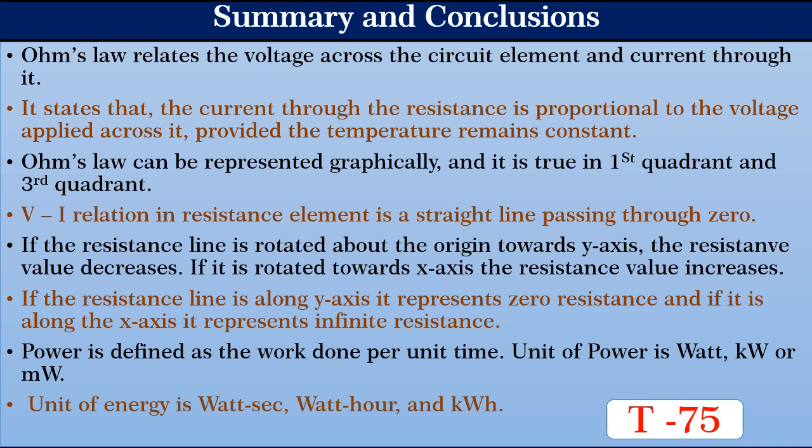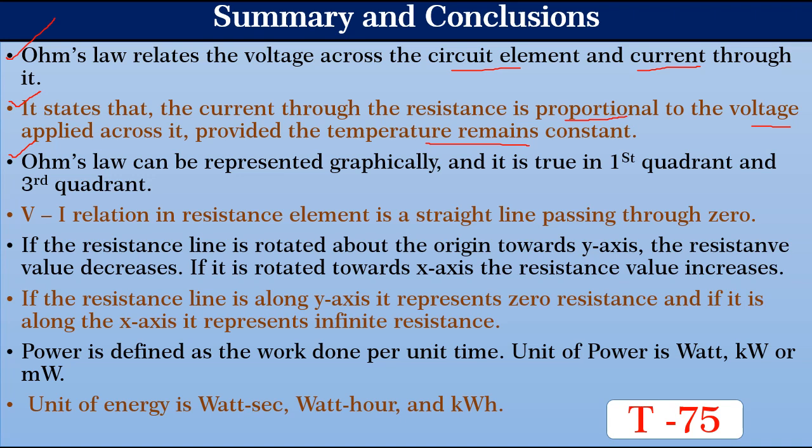Friends, let me summarize and list the conclusions. The first one, Ohm's law relates the voltage across the circuit element and current through it. It states that the current through the resistance is proportional to the voltage applied across it, provided the temperature remains constant.